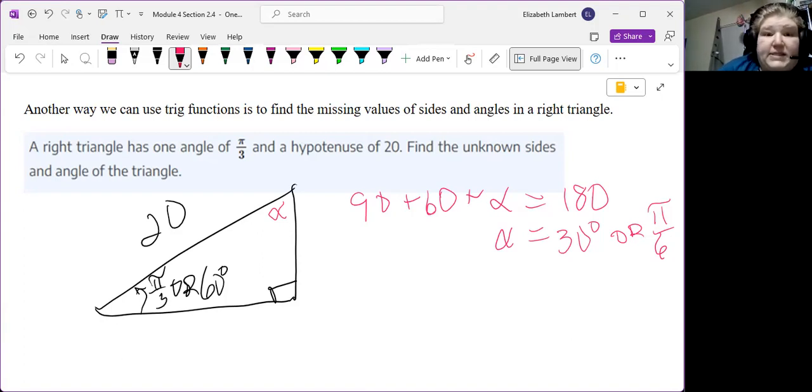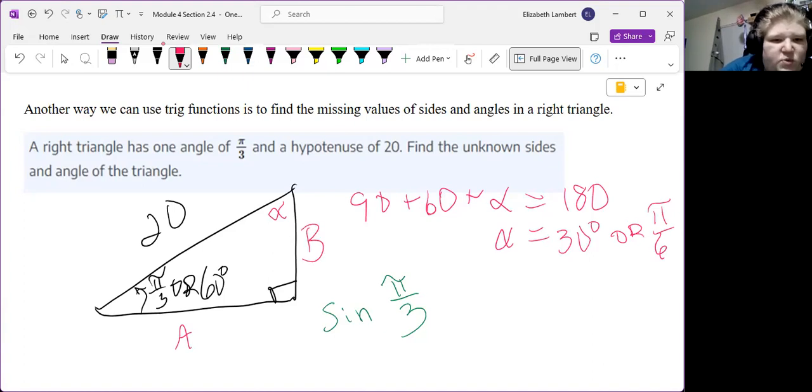All right, so to get the other two sides, this is where we're going to use our trig function. So the sine of pi over 3 is going to be, I need to label my sides here now too. So if I labeled that alpha, I'm going to call this one A, this one B, and then this one is C. We know what C is.